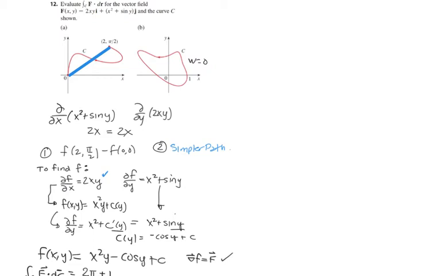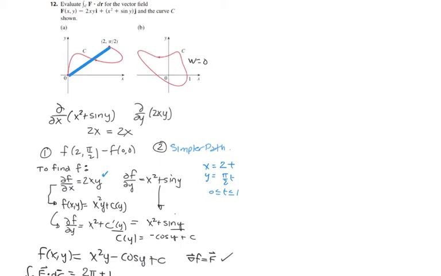Your other option, a simpler path, is the line segment from 0, 0 to 2 pi over 2. There is a parameterization of that.